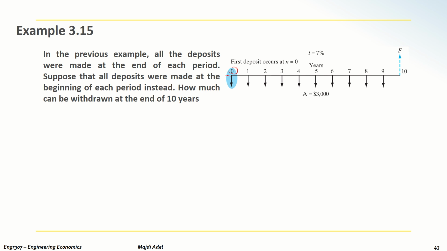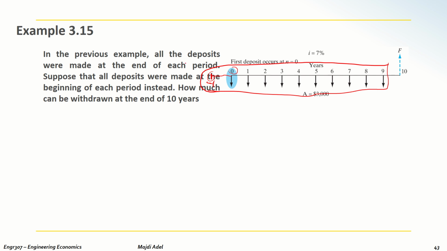But if I extend my cash flow by 1 year, to n equals minus 1, for example, and there's no transaction at n equals minus 1, then from minus 1 to 9, I have a uniform cash flow. And I can apply the equations developed for a uniform cash flow.